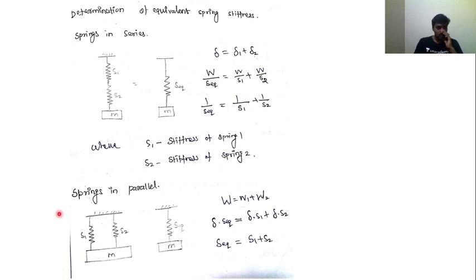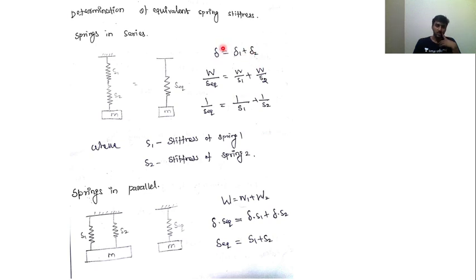Coming to the equivalent spring stiffness, when the two springs are in series connection, we identify the equivalent stiffness for the two springs. The mass is connected at the bottom of these two springs. The weight of the mass pulls the two springs simultaneously, so the total deflection is delta equal to delta 1 plus delta 2.